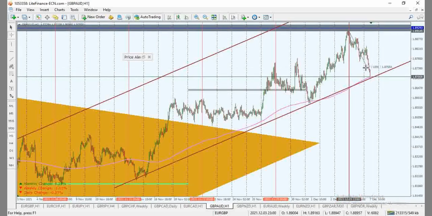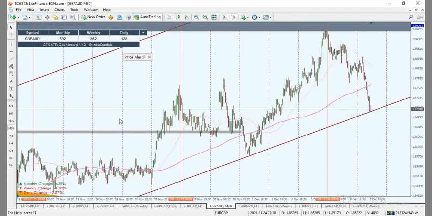And price has dropped so far 216 pips on the week. We're looking at an overall weekly range of 262. So from this point here, we're looking at 1.860.